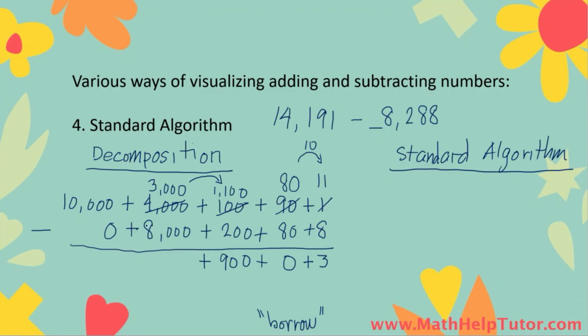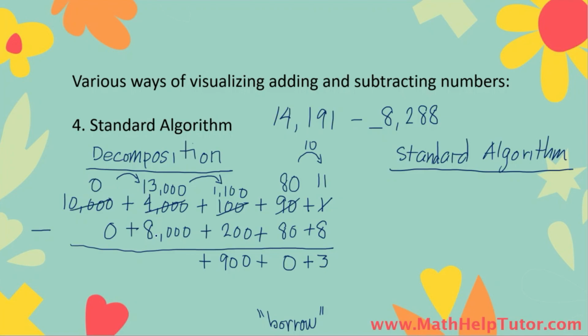So again, we are going to borrow from the place to the left so that we can make this subtraction possible. We're going to borrow 10,000. So we move 10,000 from here to here. So 3,000 plus 10,000 becomes 13,000. Let's just put a 1 over here. And 10,000 minus 10,000, since we transferred the 10,000 to the thousands place, now becomes 0.